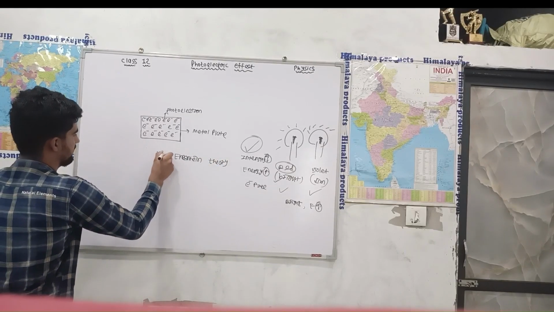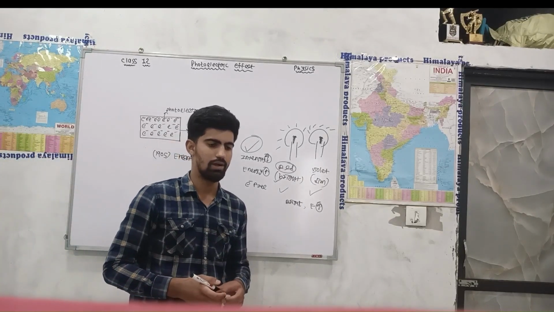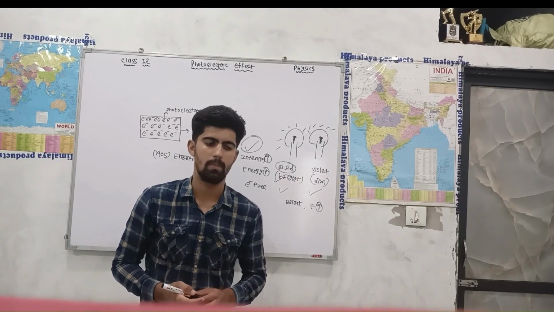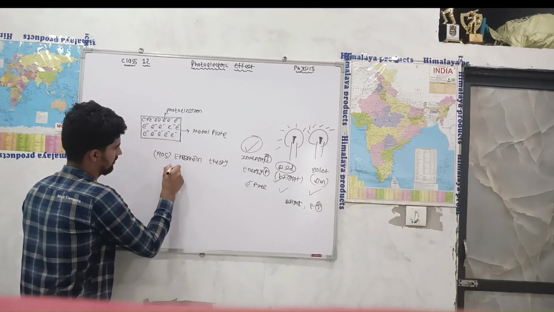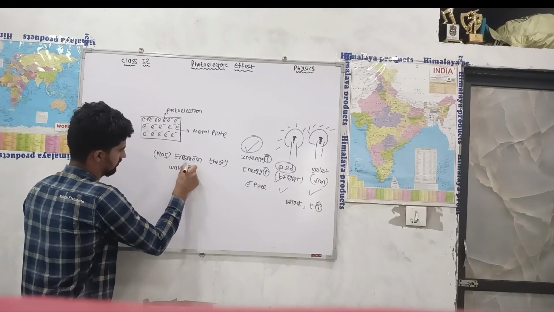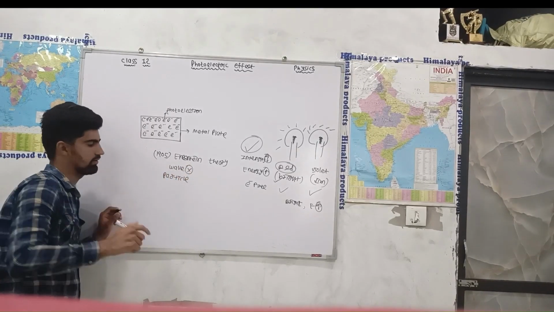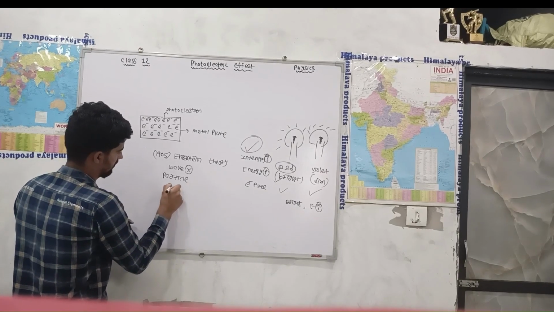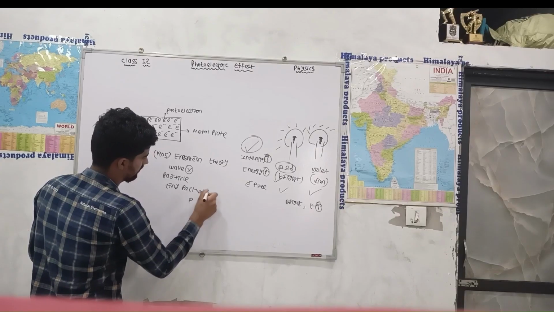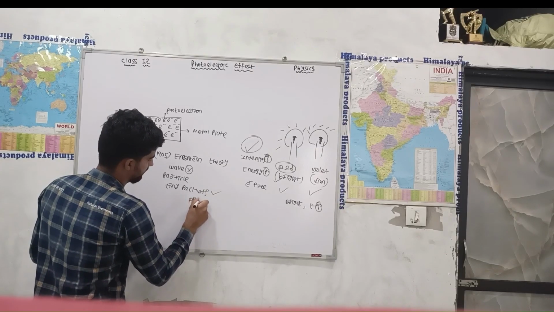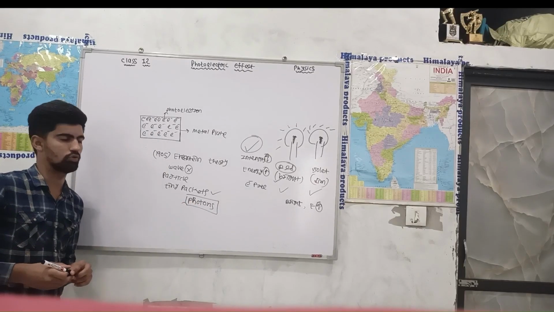In 1905, Einstein told us that light is not only a wave. It also behaves like a particle, and it consists of tiny packets of energy, which are called photons.